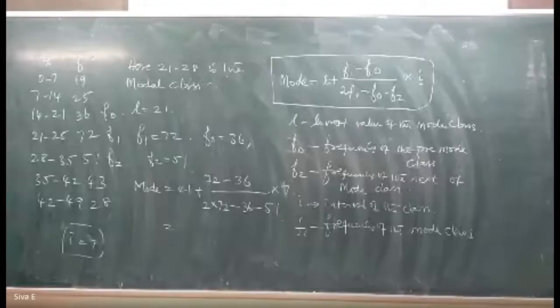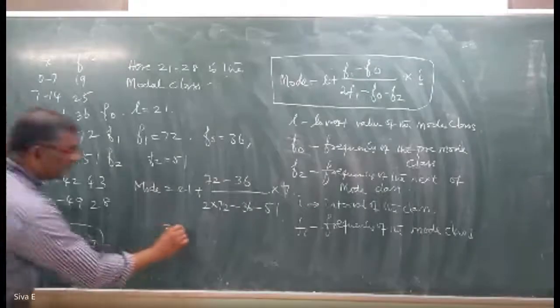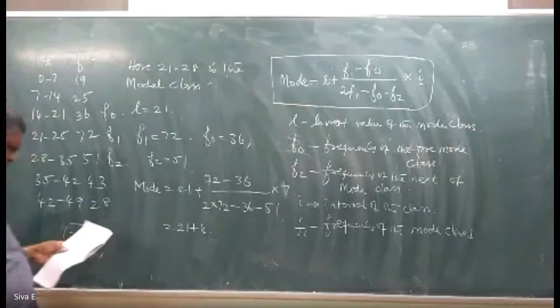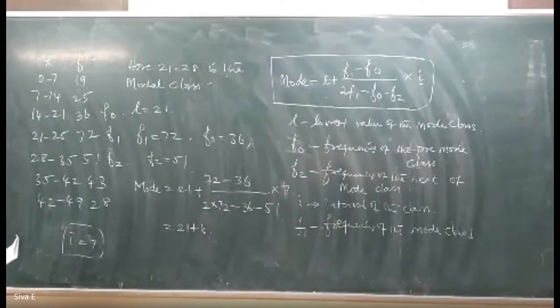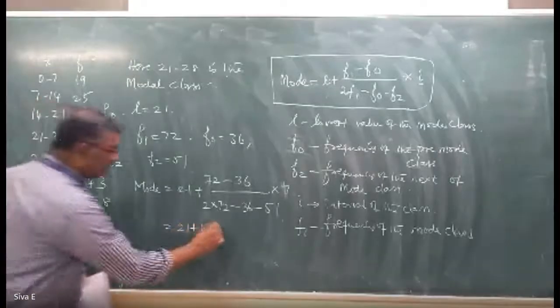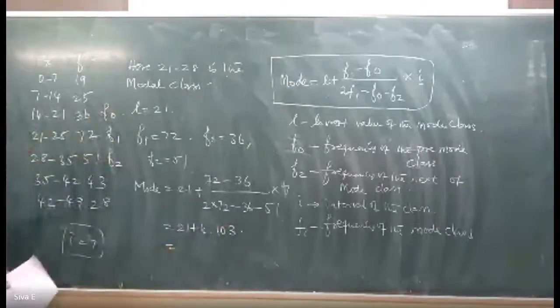So what is the value? 21 plus 4.42, which is 25.42.